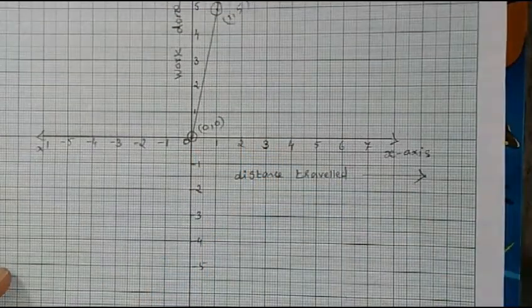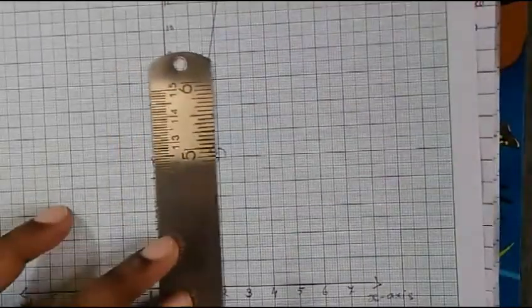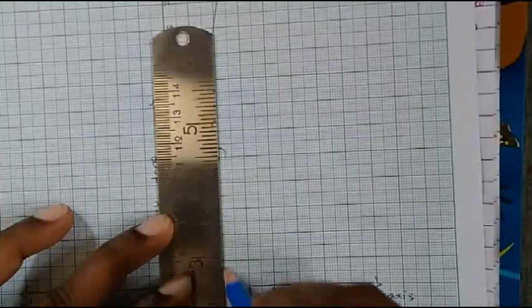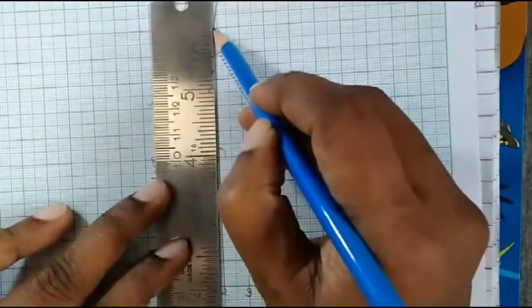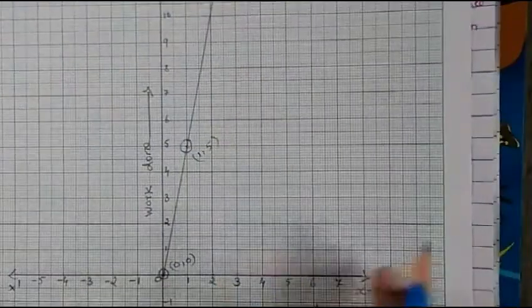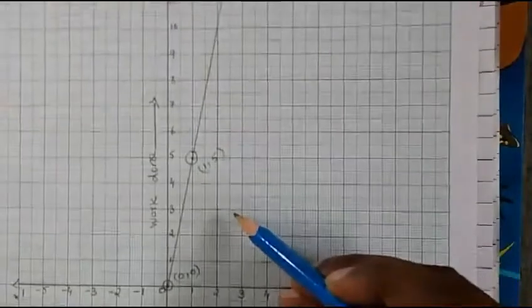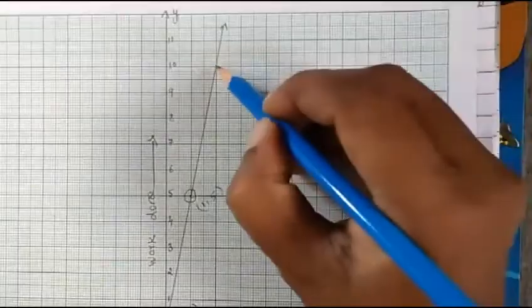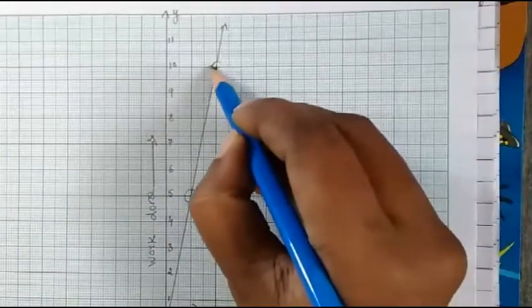So we draw the line up to where it will intersect. When I drew the line from 2 units, this line is meeting the graph line at this point.